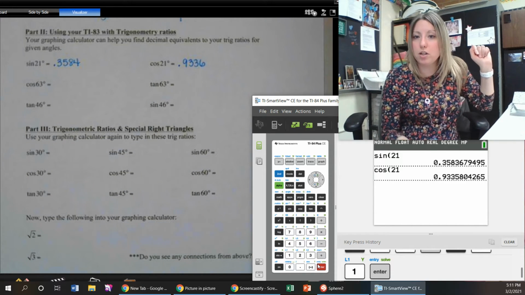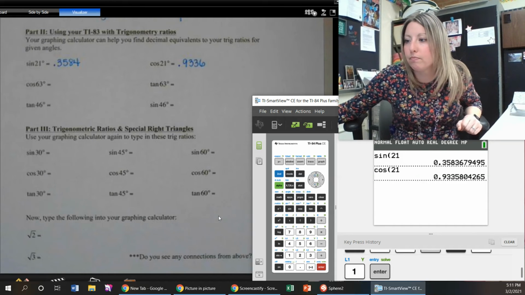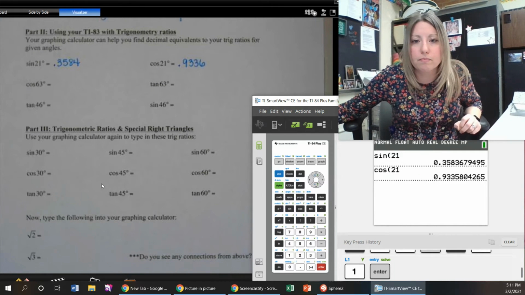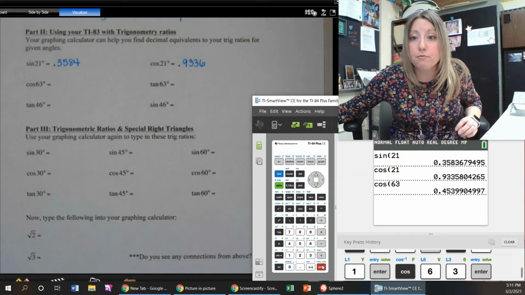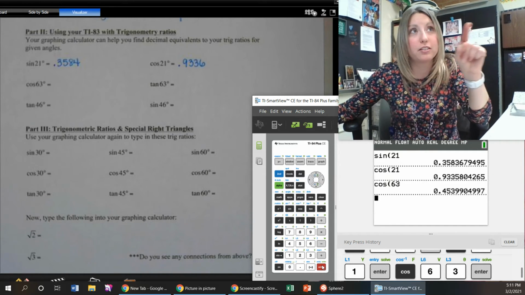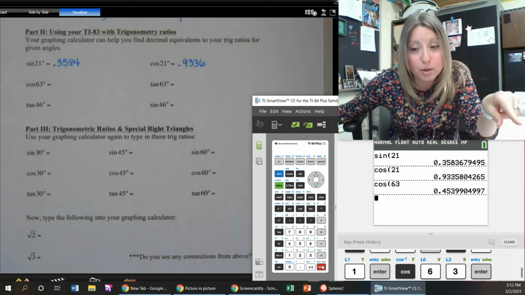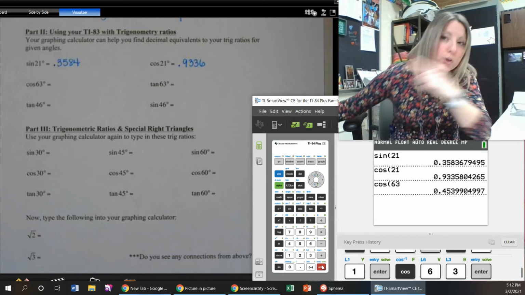Cosine of 63, okay. 0.453, 0.454, because I got to round the 3 up to 4.